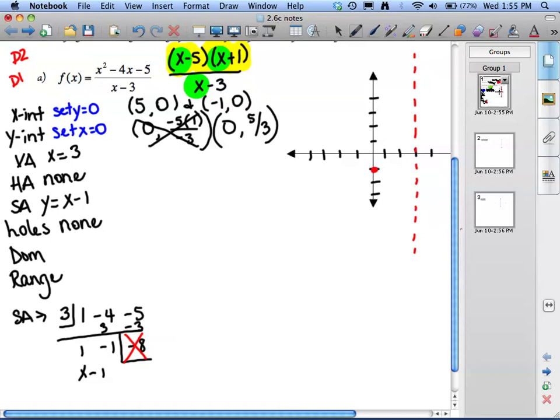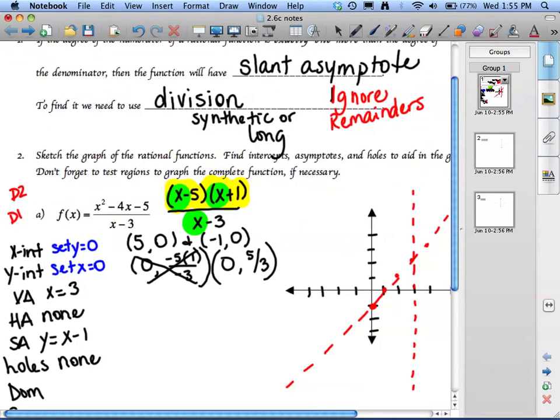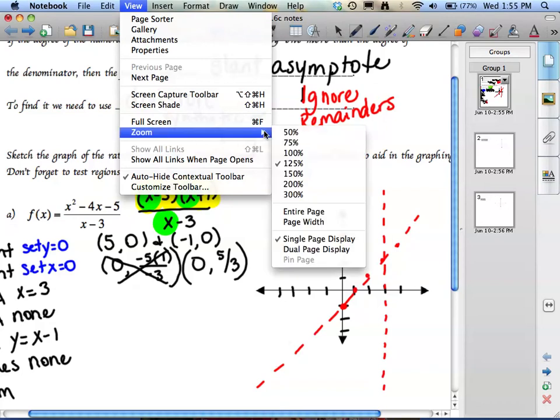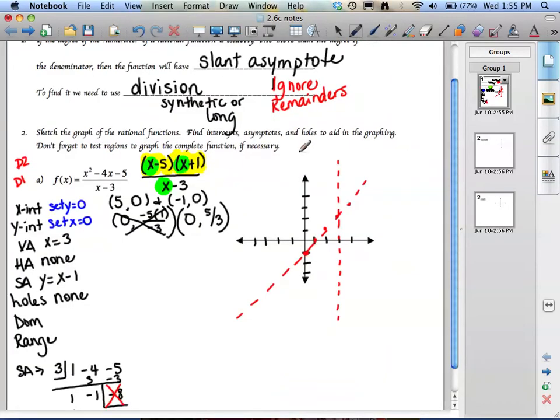The slope is 1, up 1 over 1. And then you keep going up that way. Are we okay?